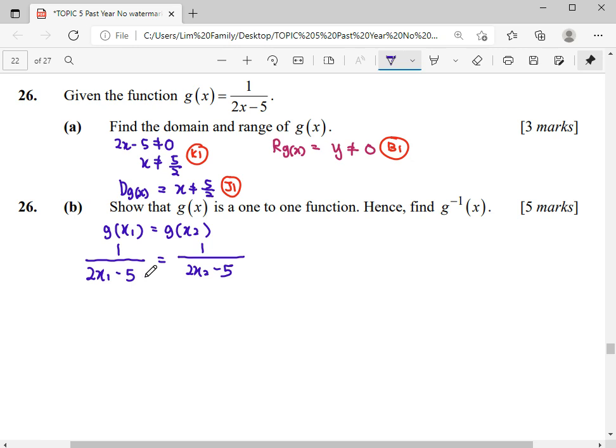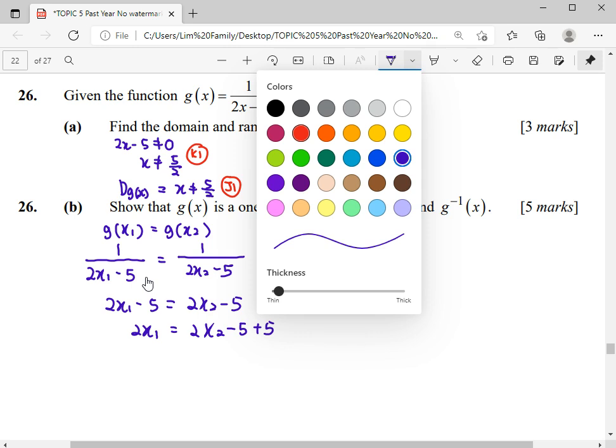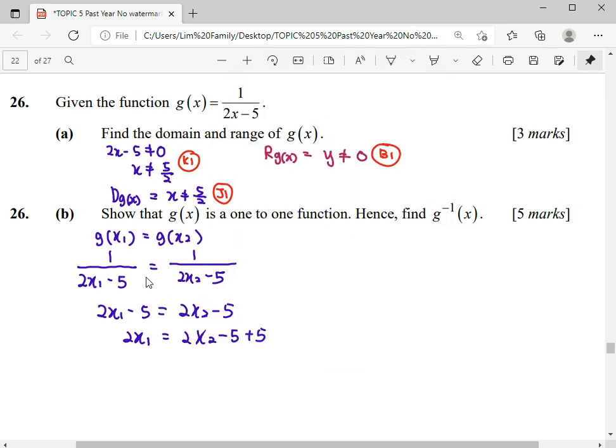For this, we inverse first, so 2x1 minus 5 equals 2x2 minus 5. Step by step, we show how we get to x1. When I move 5 to the right hand side, it becomes adding, so positive 5 and negative 5 simplify.